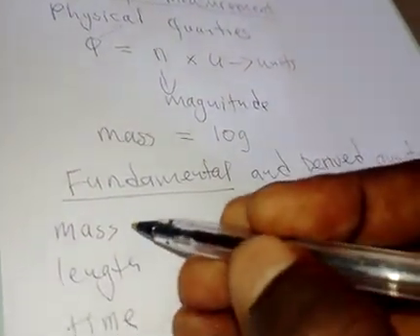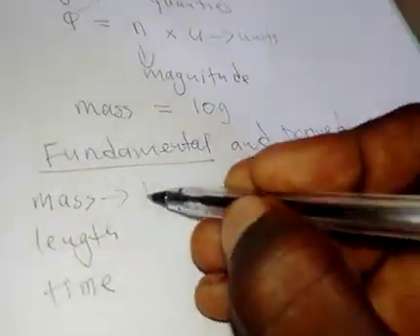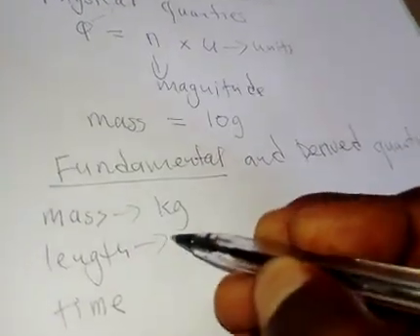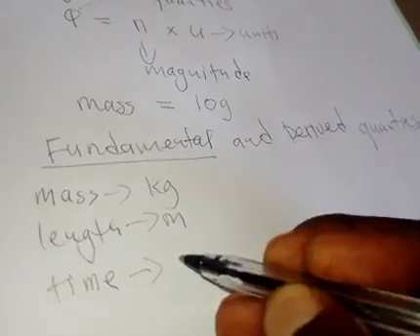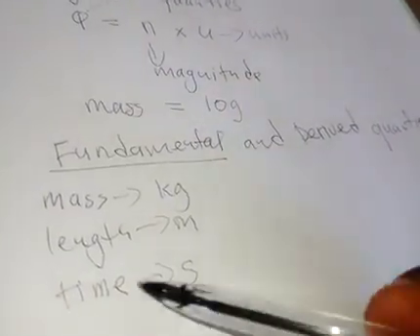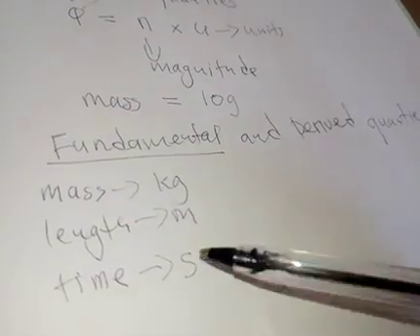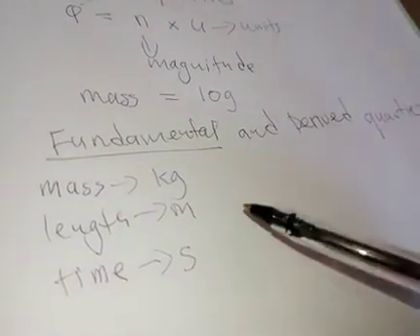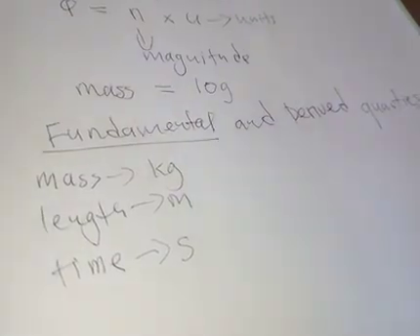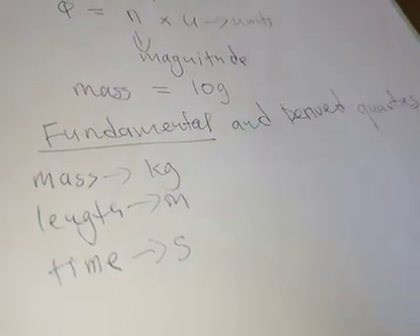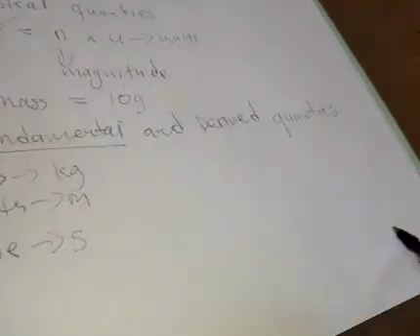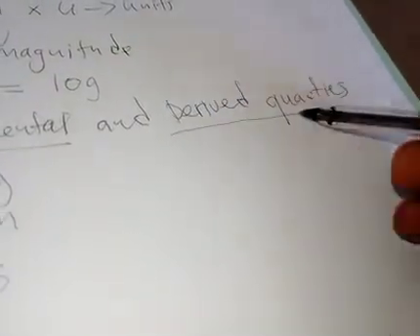Then mass is measured in kg, length in meters, and time in seconds. These units of fundamental physical quantities are called fundamental units. Now what about the derived quantities?